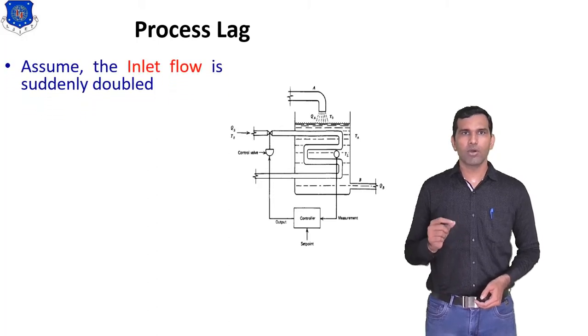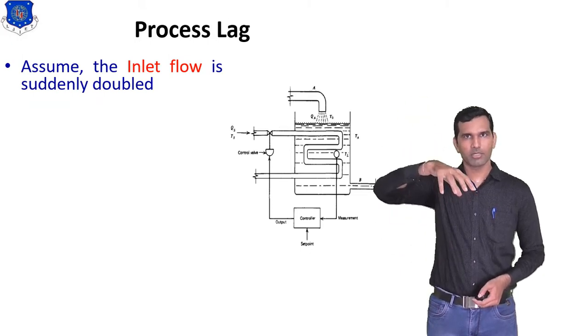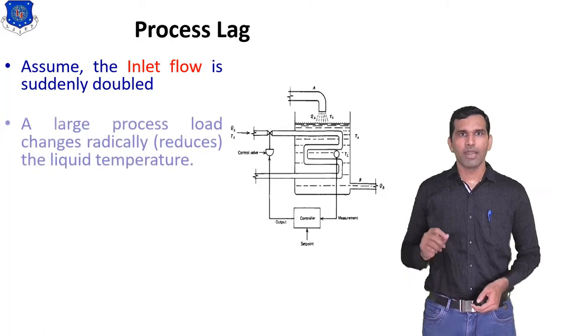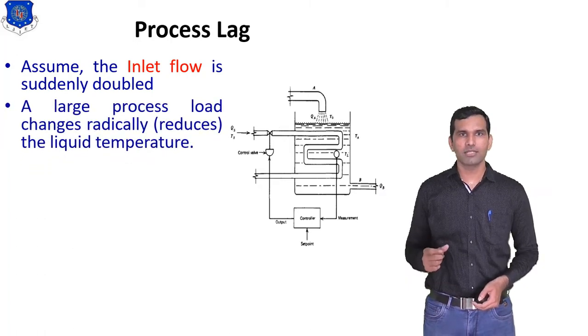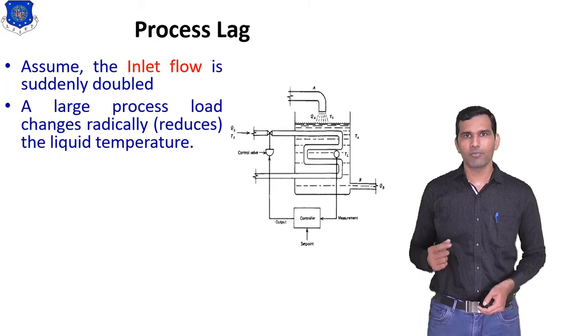Assume the inlet flow suddenly doubles. That means the inlet flow is doubled. A large process load changes radically and reduces the liquid temperature.